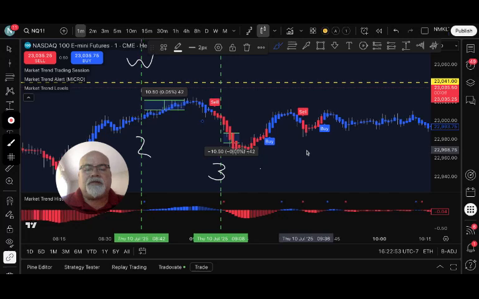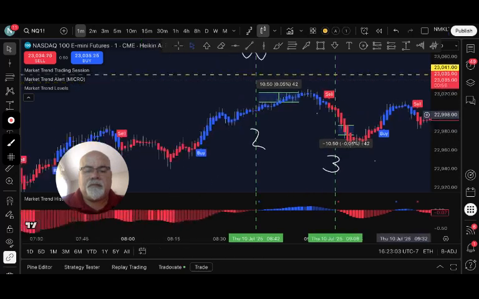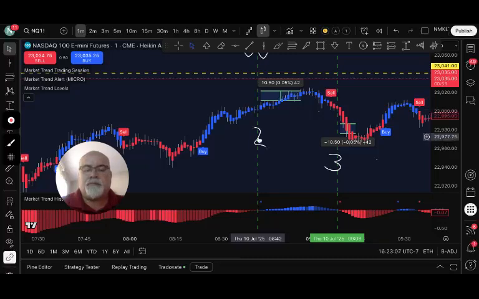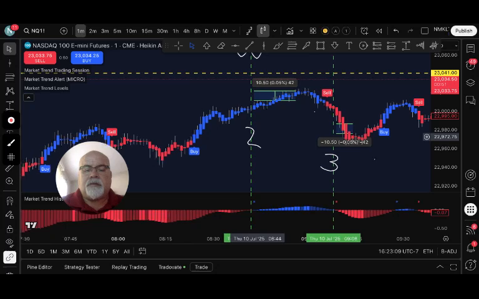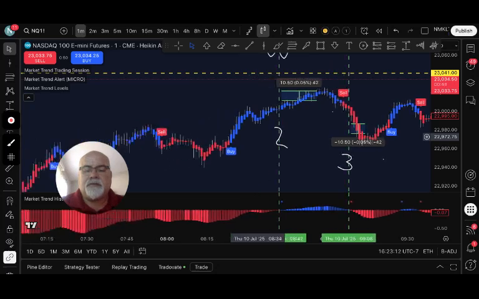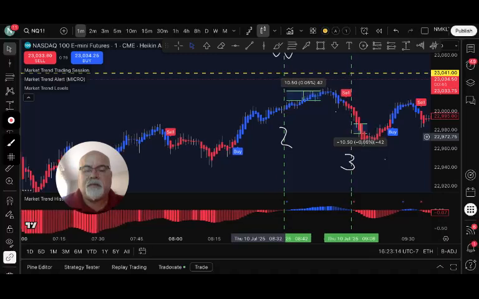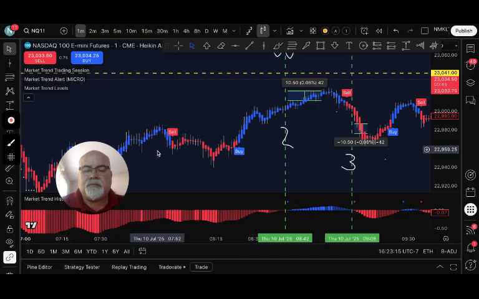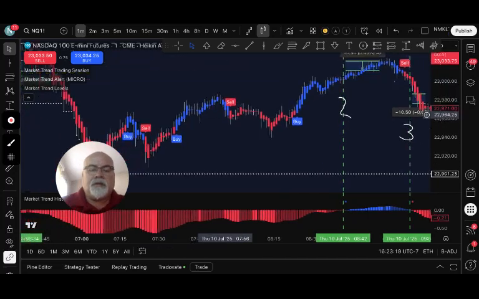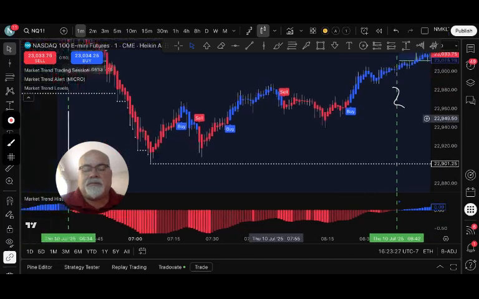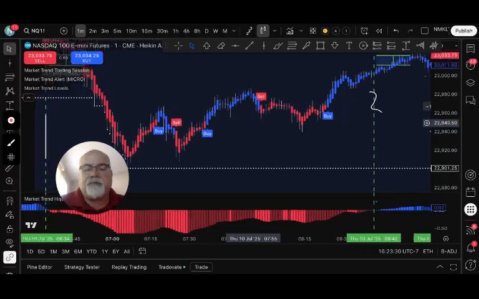So let's take a look at these three trades. Let me just kind of bunch things together here a little bit. Now, I'll even show you a couple opportunities here.